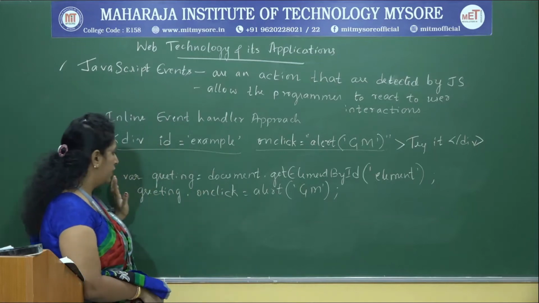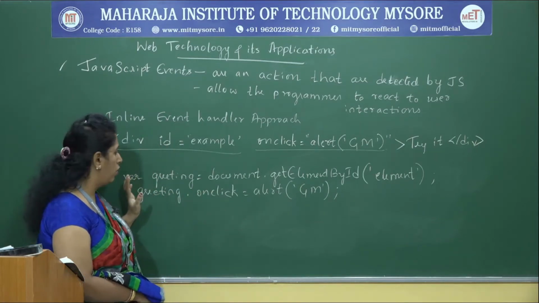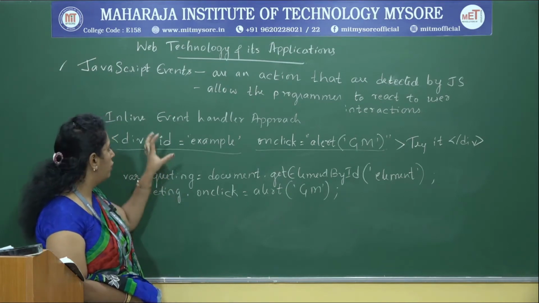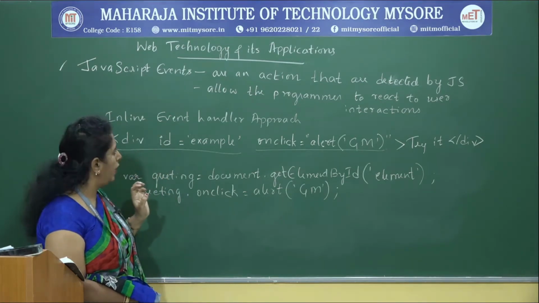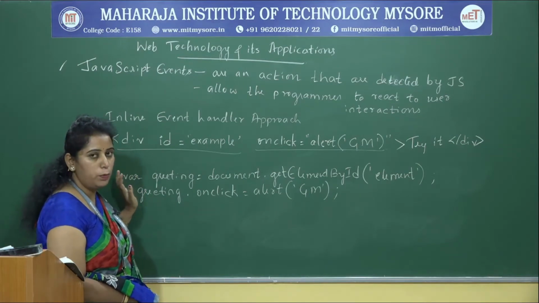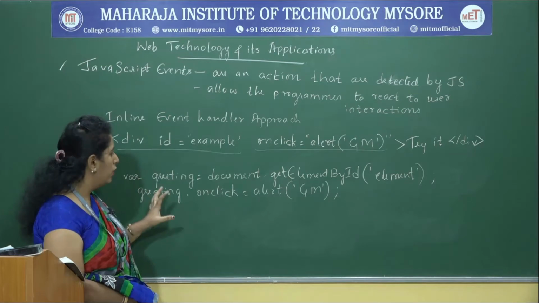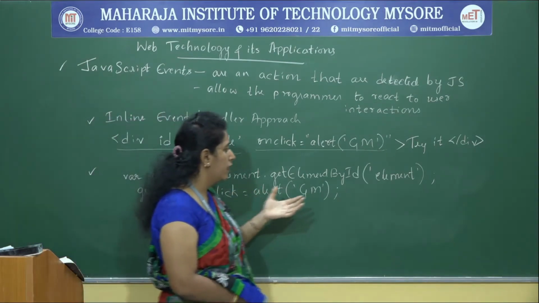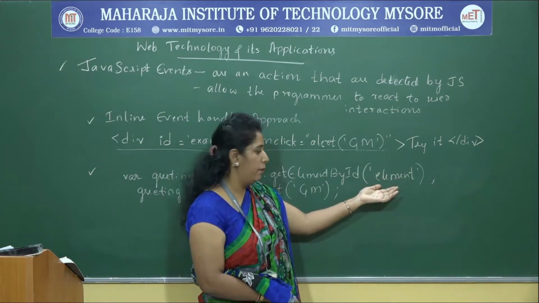So let us start a discussion on the two approaches used to resolve the problem of the inline event handler approach. This is an older approach which is supported by all types of browsers. How does it work? See here, this is an HTML element.